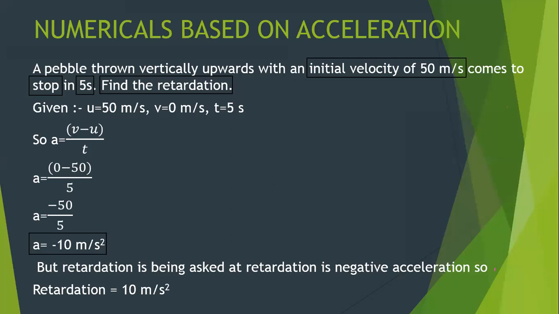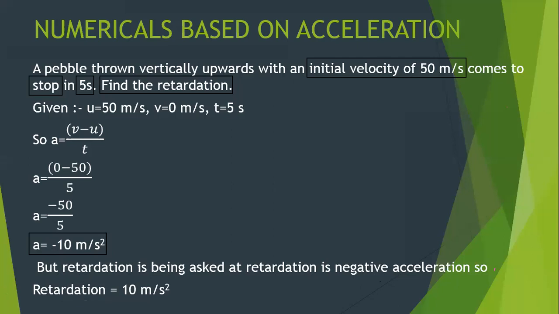So the word retardation itself has that minus sign in it. The answer is 10 meter per second square. Don't jump up and write minus 10 for retardation. The retardation is 10.